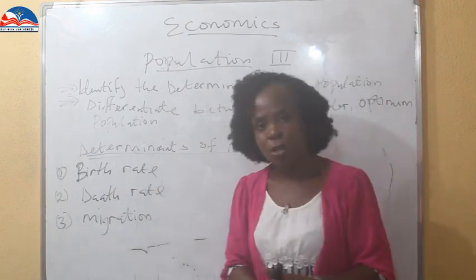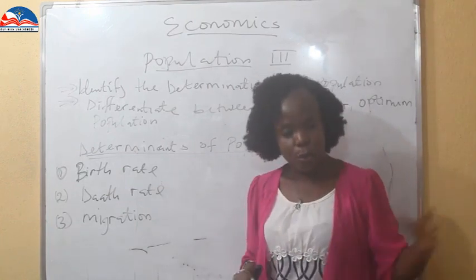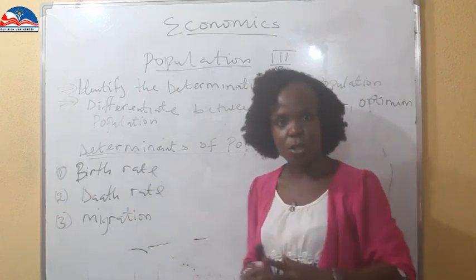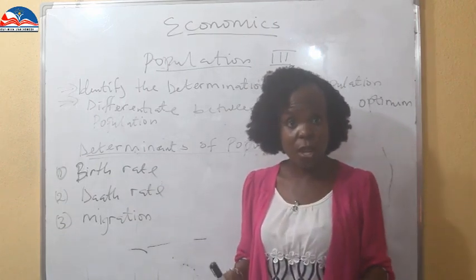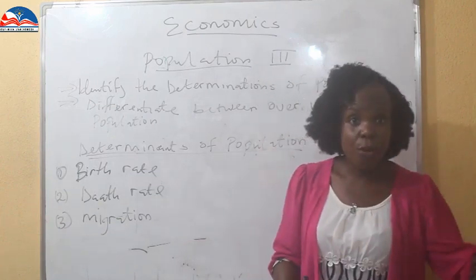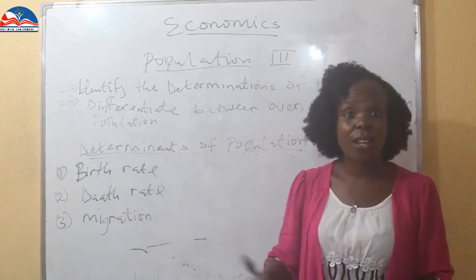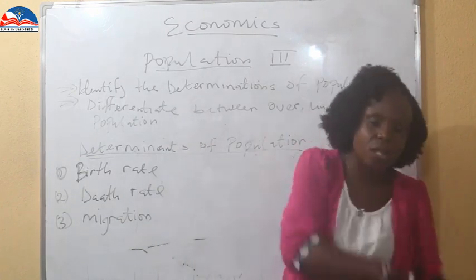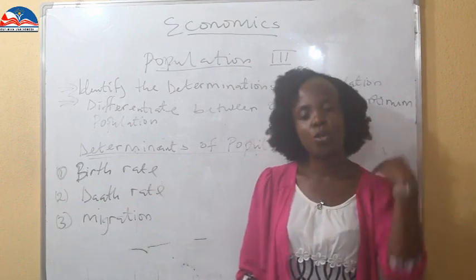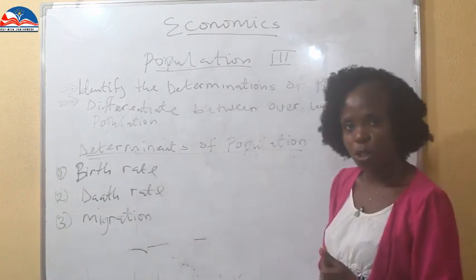Then migration. People who leave their country to another country. People who leave their region to another region. People who leave their town, rural area, to urban area. So if the number of people leaving where they are because of economic hardship to other areas is more than the people who come into the country, there's going to be a decline in the population. So these are the determinants of population.